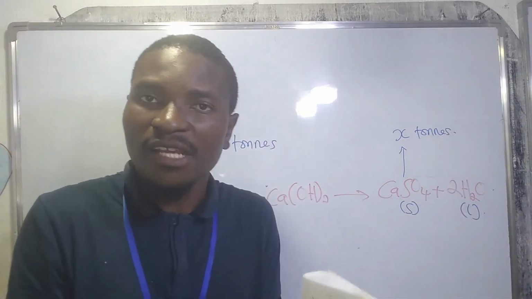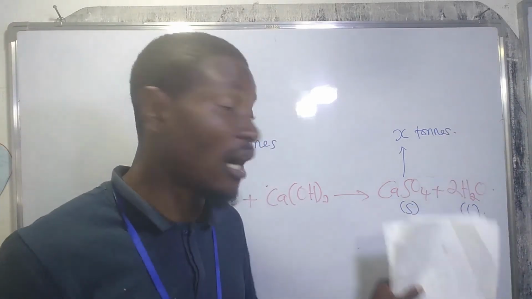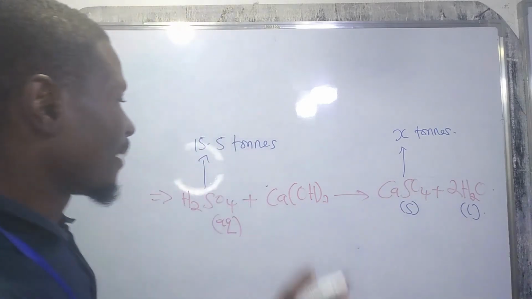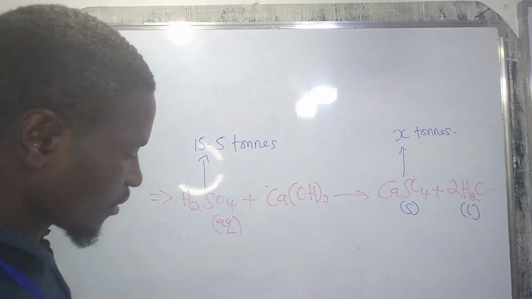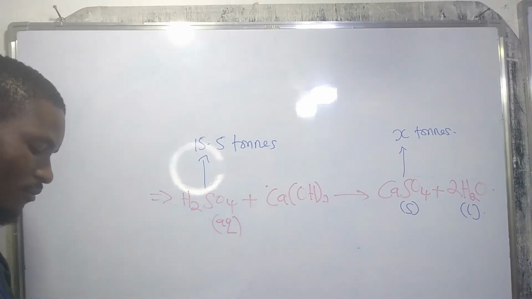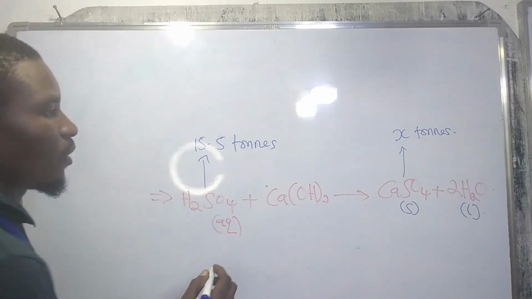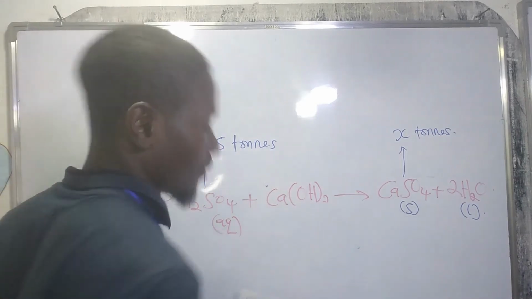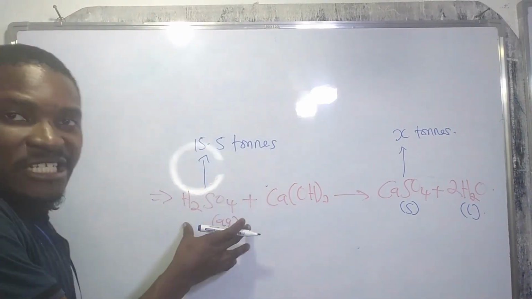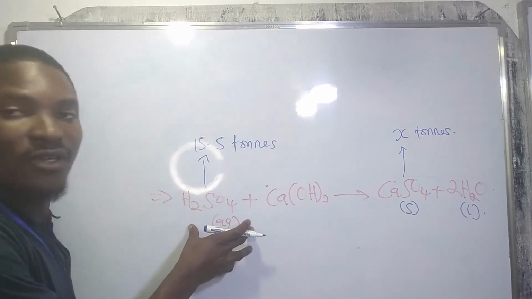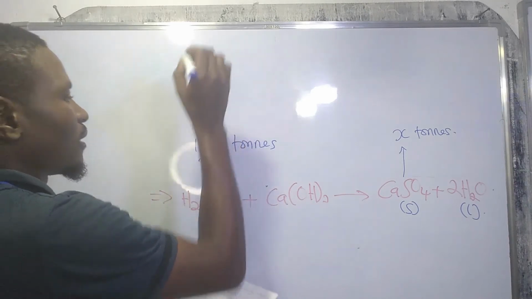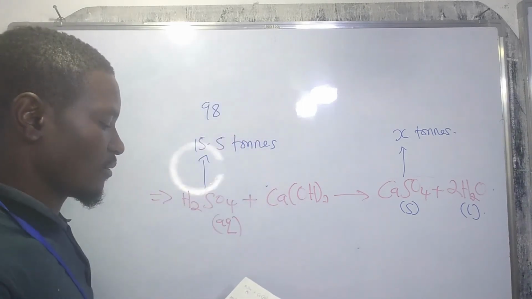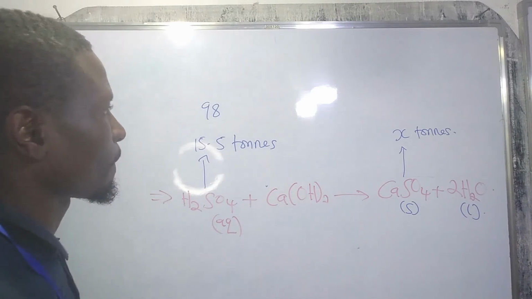I don't know the mass of calcium sulfate, so I put X. What I know is that I need to find the relative molecular mass of sulfuric acid, which is 98.